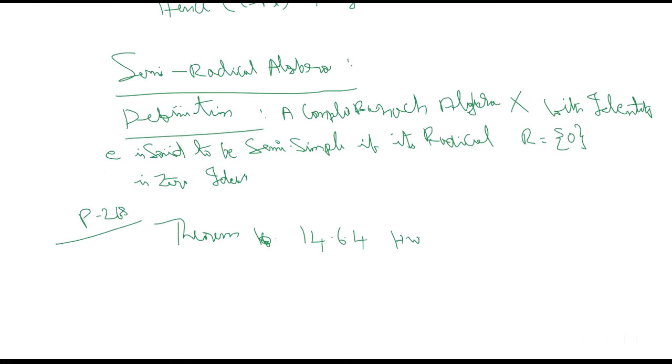What is the theorem? If I is a closed two-sided ideal in X, then the quotient space X by I is a Banach algebra. This is the most important theorem for 10 marks theory. I don't have time to explain, so I need to close. I'll explain orally.